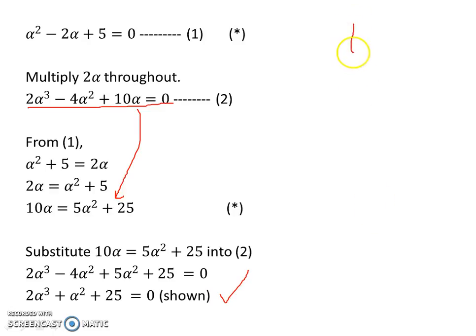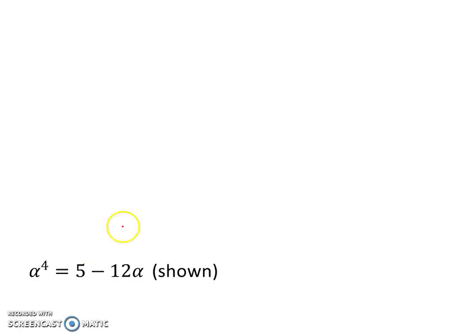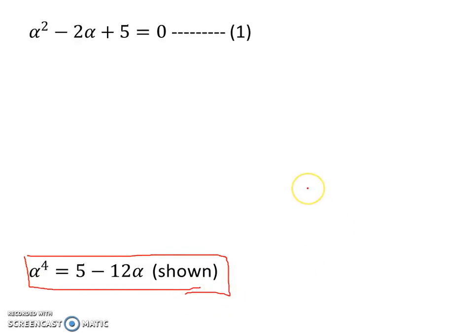So this is for part 1. Now let's move on to part 2. Part 2 wants me to show this relationship. Once again, we start with what we have, equation 1. One wise move is to multiply alpha squared throughout. I'll leave that as an exercise for you, but for the purposes of this video, I will show you a much shorter way.